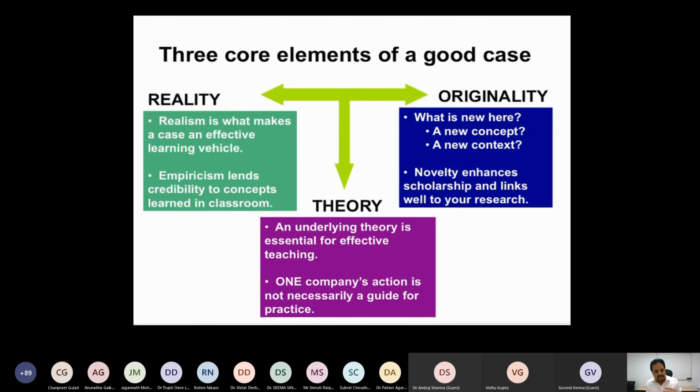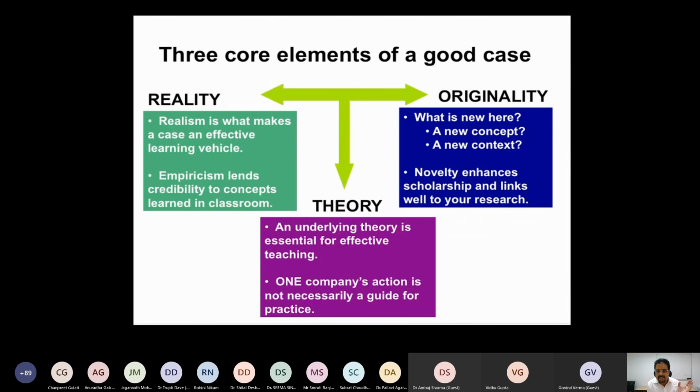Anyway, what I'm just trying to tell you is that, for example, if you read a case about Walmart and the supply chain, and you come up with a solution in the USA as a country, and then you try to replicate the same solution to the supply chain of Big Bazaar, you may miserably fail. The reason is the efficient and effective logistics which are available, the transportation facilities, along with the roads and every network that we are referring to, is very different in the USA as compared to what we have in India.